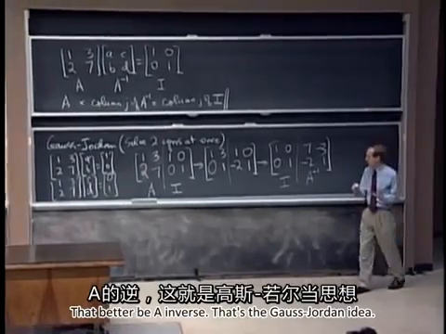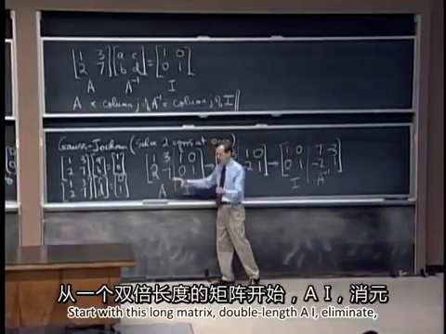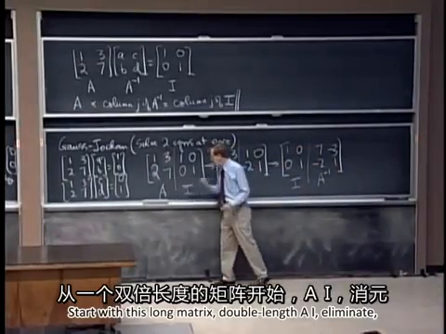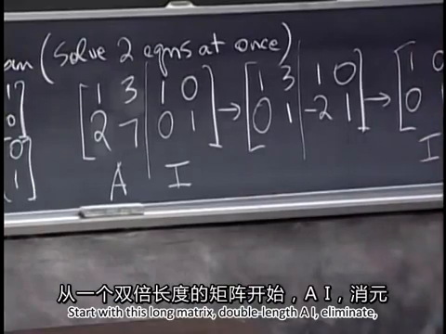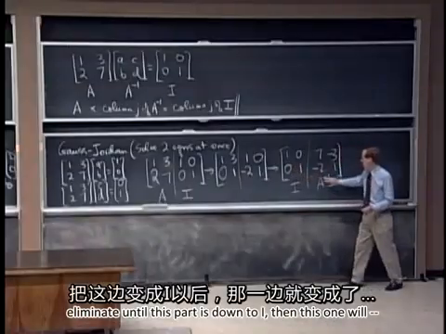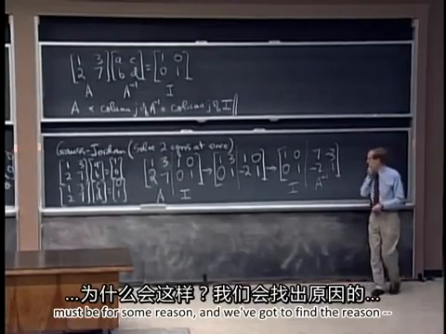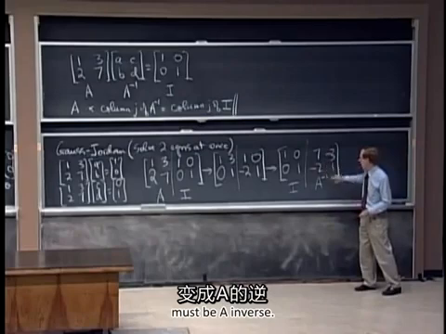That's the Gauss-Jordan idea. Start with this long matrix, double length, A I. Eliminate until this part is down to I. Then this one must be, for some reason, and we've got to find the reason, A inverse.